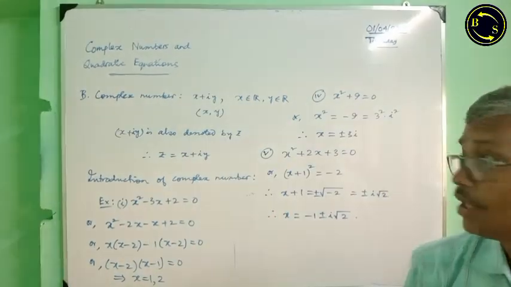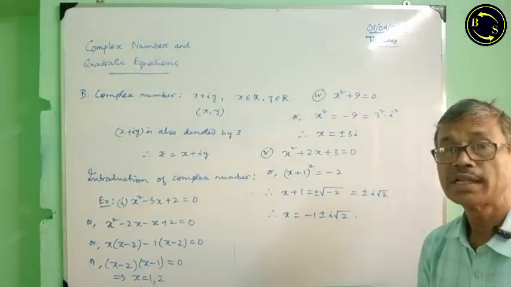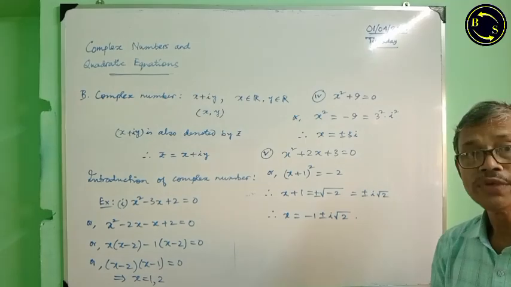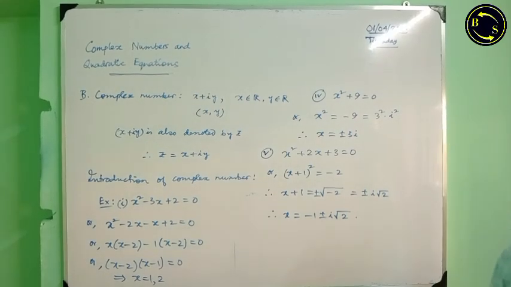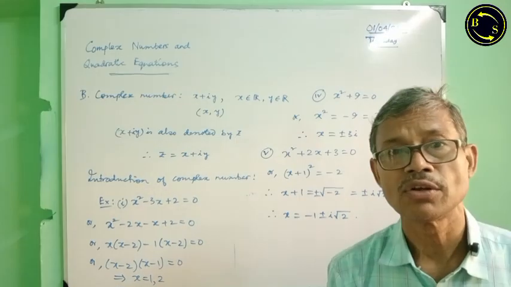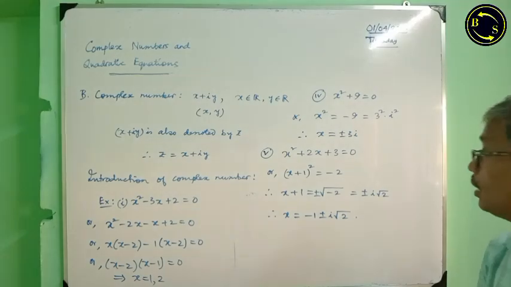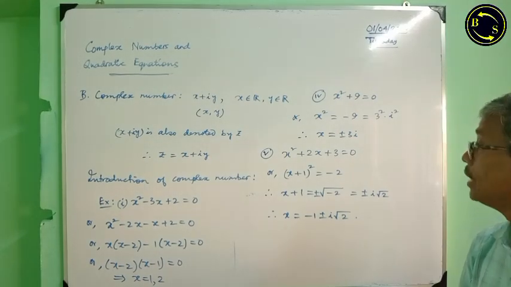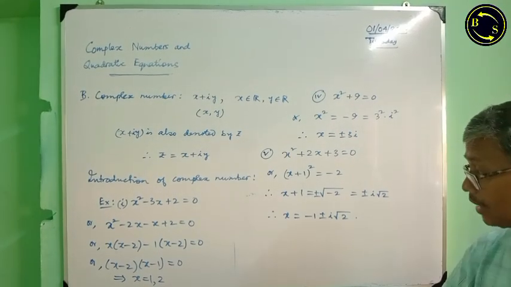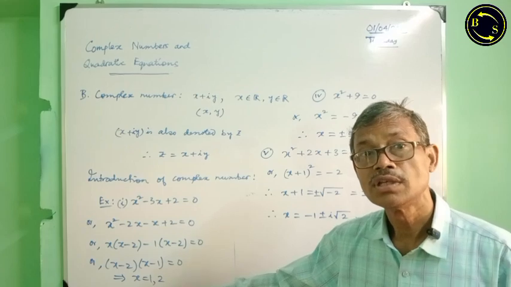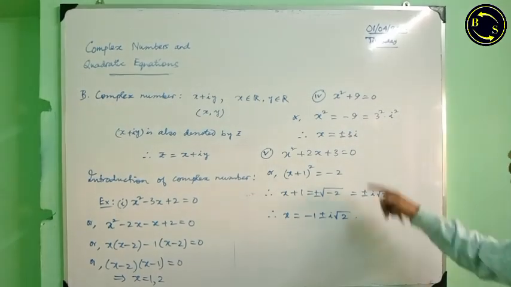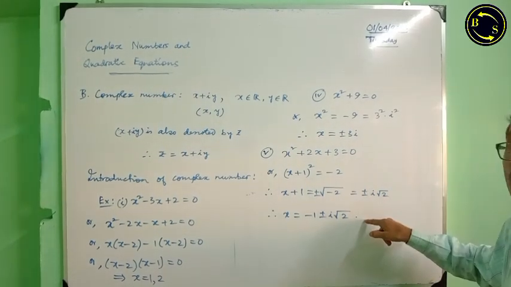Therefore, if we consider the general case of solving ax square plus bx plus c equal to 0 where a is non-zero, then we get real roots like this, as well as roots in this form.